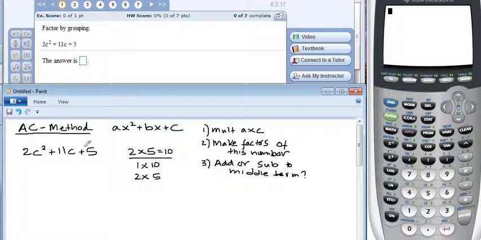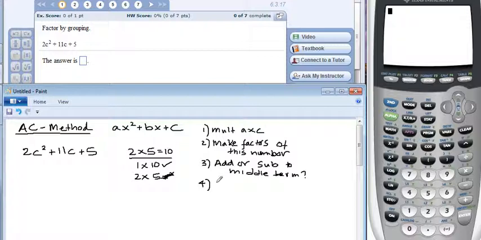If I have a positive here, then what do I have to do? I have to add to the middle term. So here I want to add to the middle term, so I pick my pair that adds to the middle term. These do not add to the middle term. These do. 2 plus 5 is 7. 1 plus 10 is 11. All right, so these two add to 11. So these are the ones I'm going to choose.